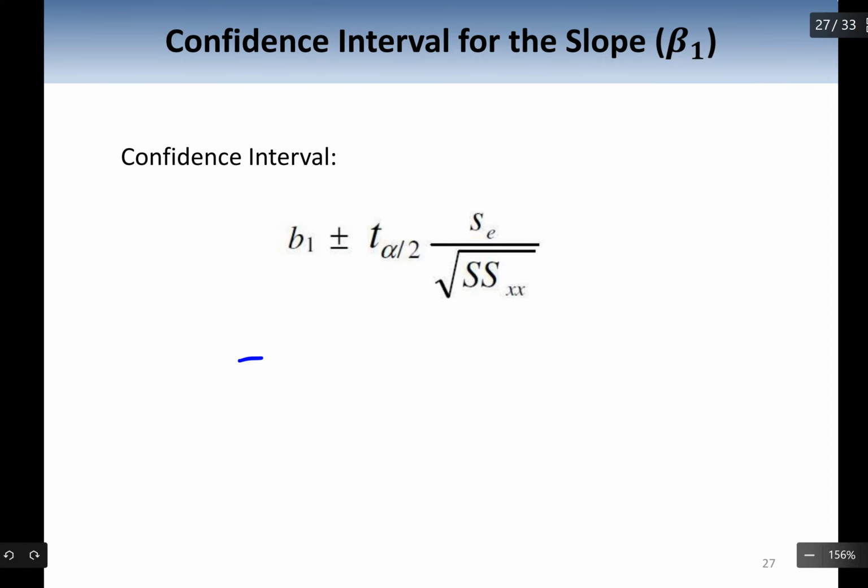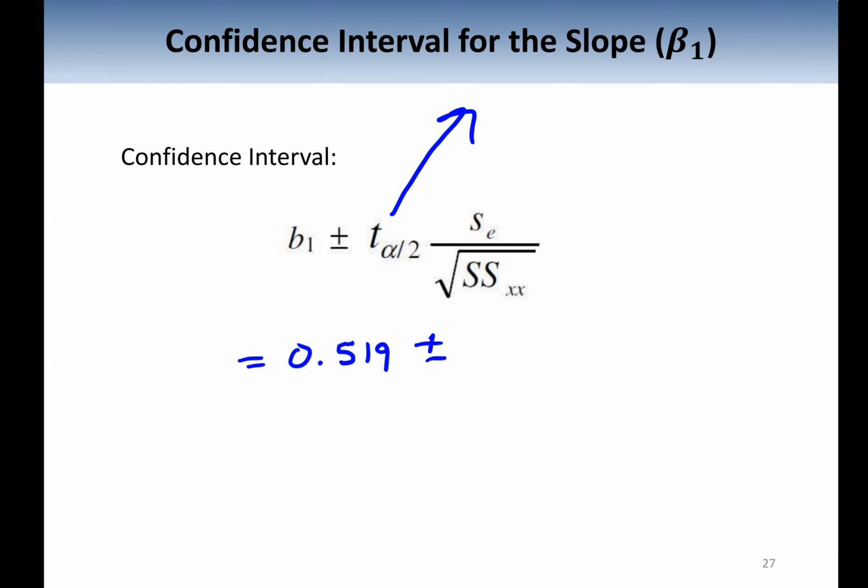So in this case, we already have the slope value, 0.519, plus or minus. Now what should we use for our critical value t? If we want to do a 95% interval, 95 is usually the most common, we would want to look up a t of 0.025.